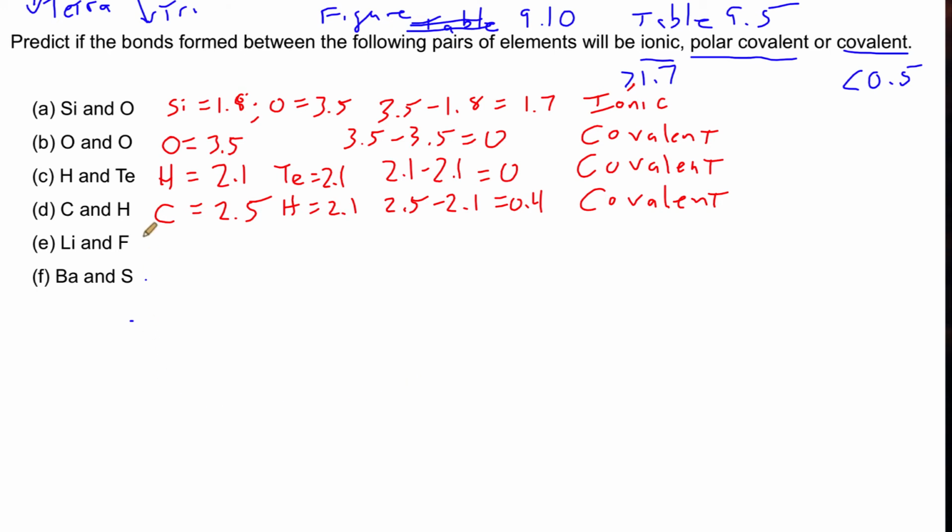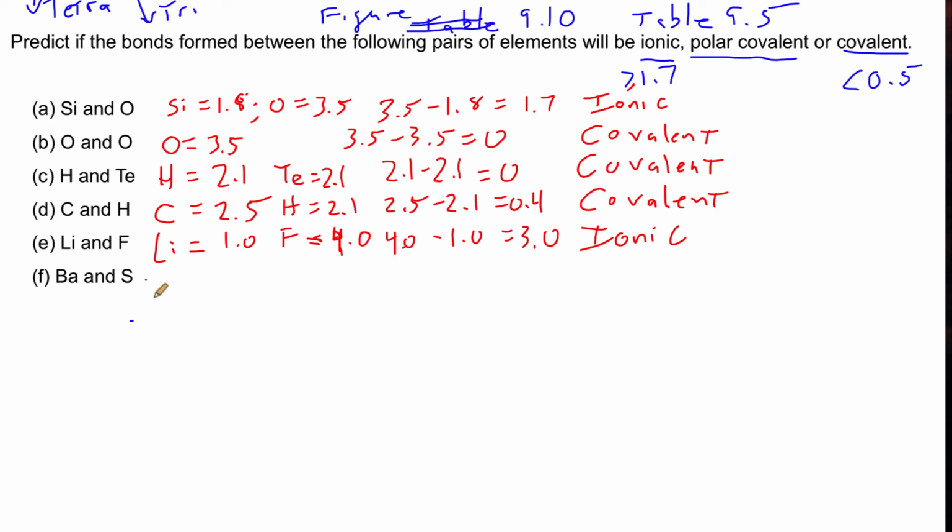Our fifth example uses lithium, which has an electronegativity of 1.0, and fluorine, which has an electronegativity of 4.0. So if we then use those two and we take 4.0 minus 1.0, we get 3.0, which is again greater than or equal to 1.7, making it ionic.